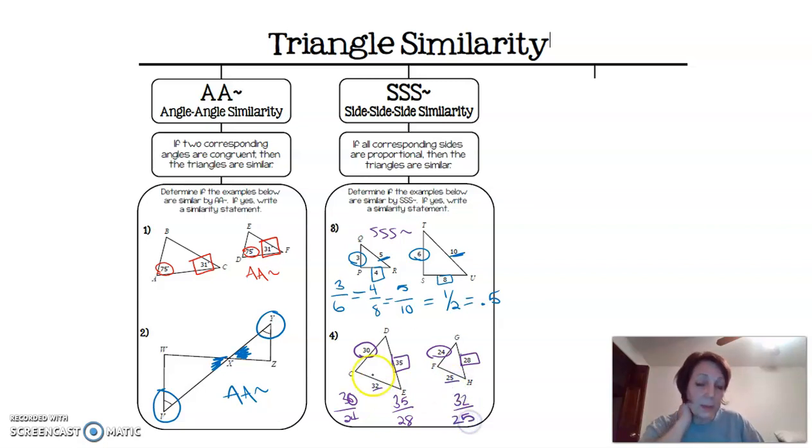Now, I can reduce these fractions, right? 30/24, those are both divisible by 6. These are both divisible by 7. So if I divide these two by 6, that's 5/4, which as a decimal, if you put that in the calculator, comes out to 1.25. All right. 35/28, those are both divisible by 7.